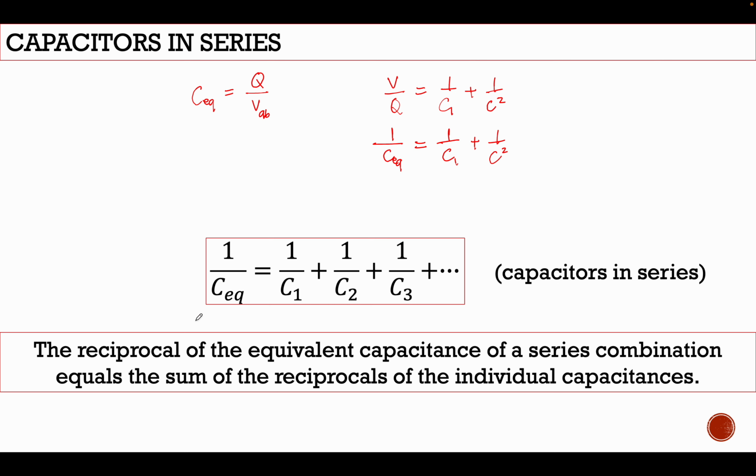Now, for capacitors in series, we have 1 over the equivalent capacitance equal to 1 over C1 plus 1 over C2 plus 1 over C3 and so on, depending on how many capacitors you have in series. So the reciprocal of the equivalent capacitance, 1 over C equivalent, of a series combination is equal to the sum of the reciprocals of the individual capacitances.